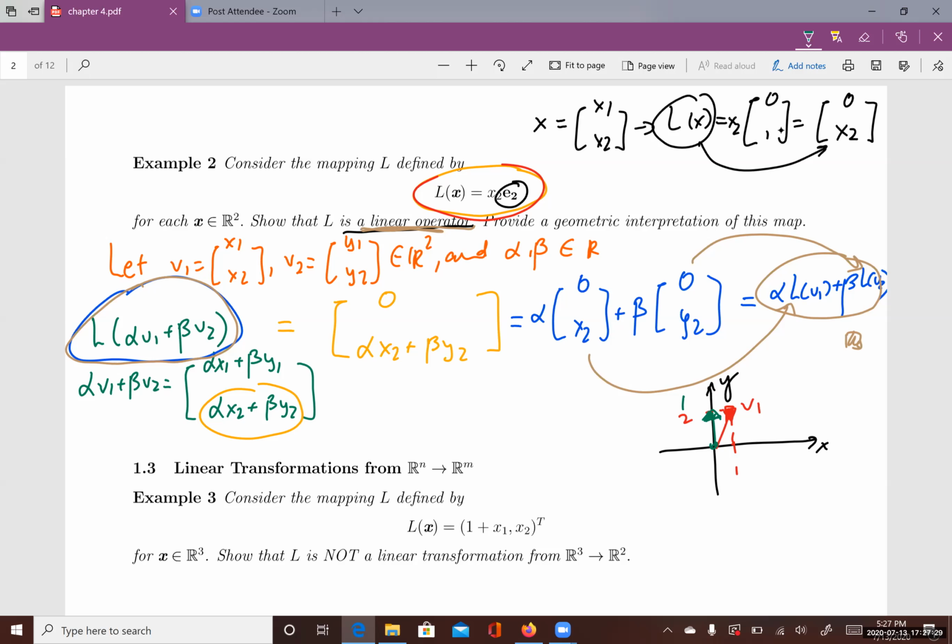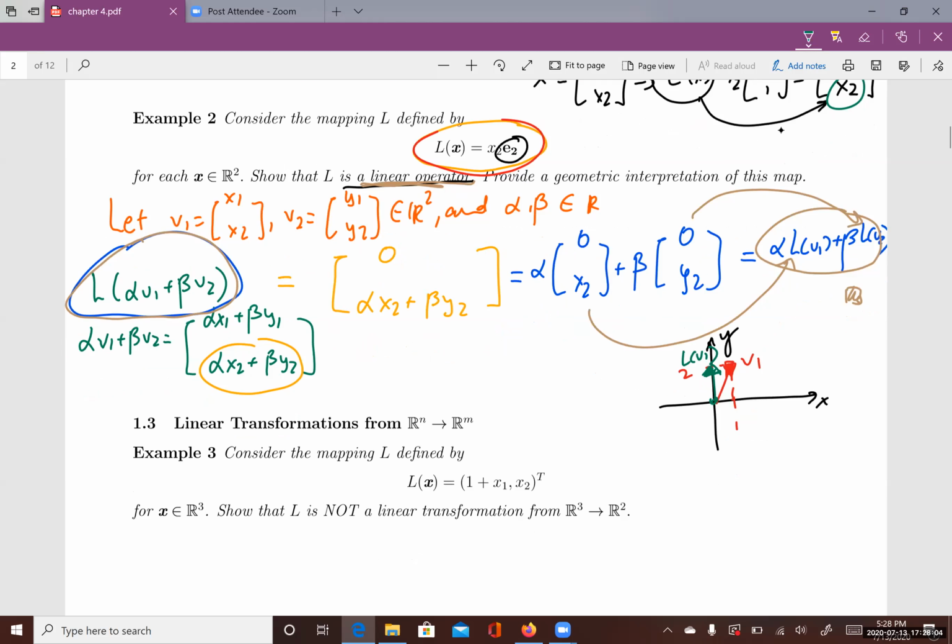So this is LV1. As you can see, this map will project a vector onto the y axis. It preserves the value of the second coordinate and makes the first coordinate equal to 0. That means you're projecting a vector onto the y-axis using this map.